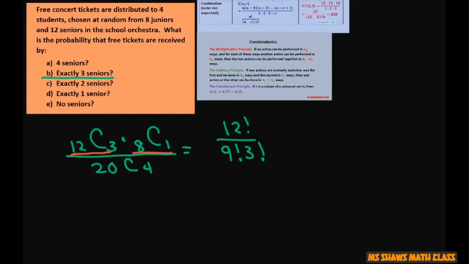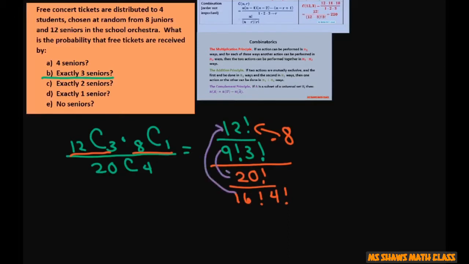This one's just going to be times 8. And then the denominator is the same like last time. 16 factorial, 4 factorial. Now this 8 really goes up here. So let's group it together like we did last time. Multiply these two and these two.